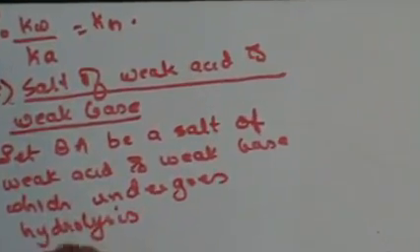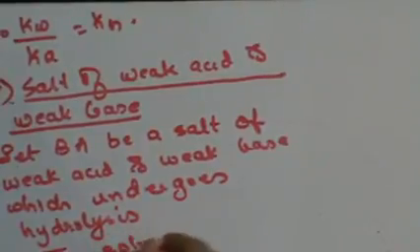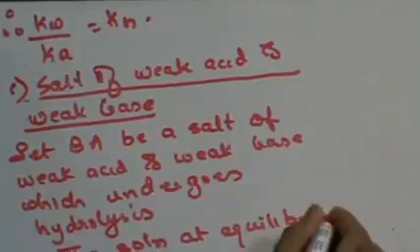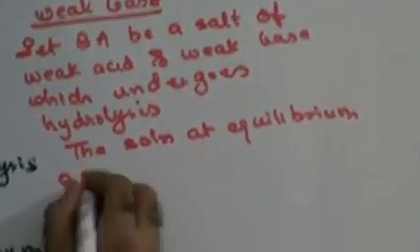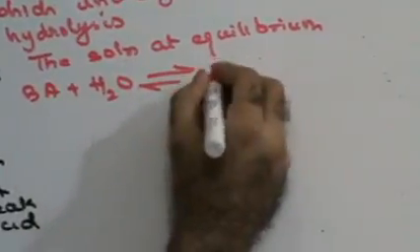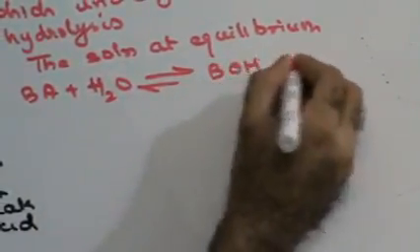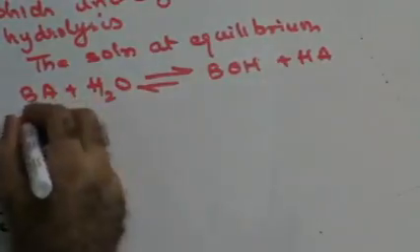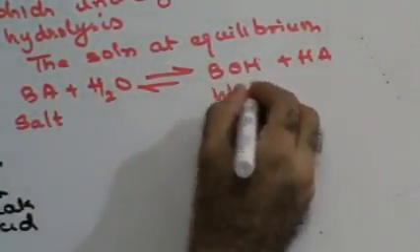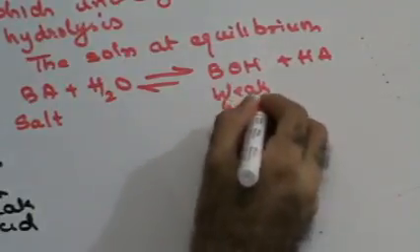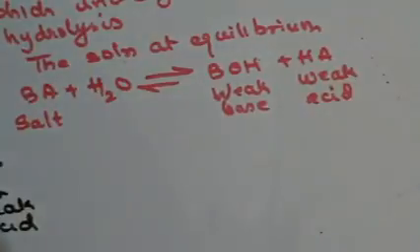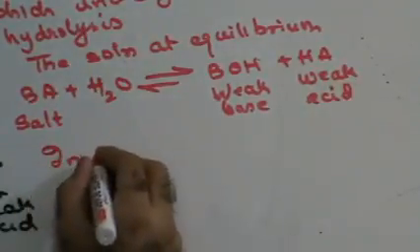I can say that the solution at equilibrium will be BA, which will undergo hydrolysis to give you BOH plus HA. This is salt, this is weak base, and this is weak acid.